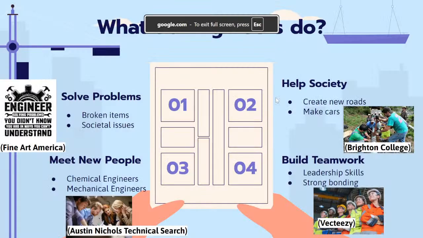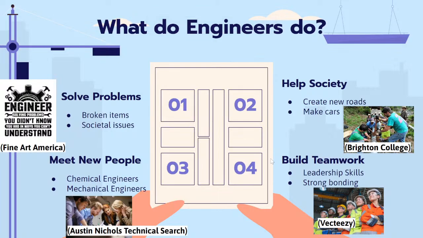So, going on, another major one is building teamwork skills. When you grow up, all of you guys will need to work with other people. So you're going to need to build those leadership skills and the strong bonding between your people and your employees, because that's the only way you're going to build these massive systems and these constructions, right?